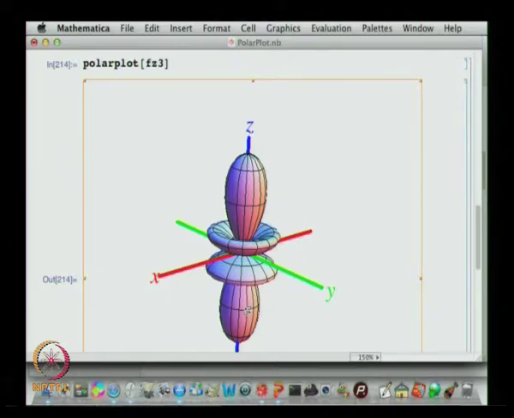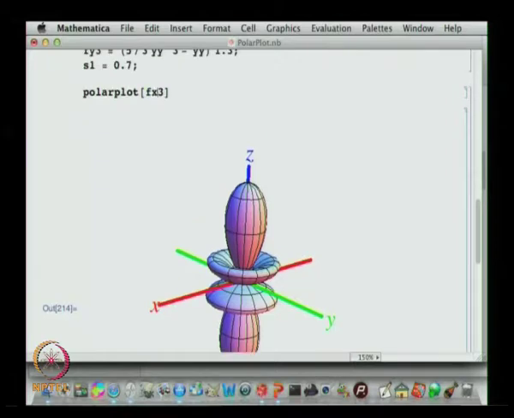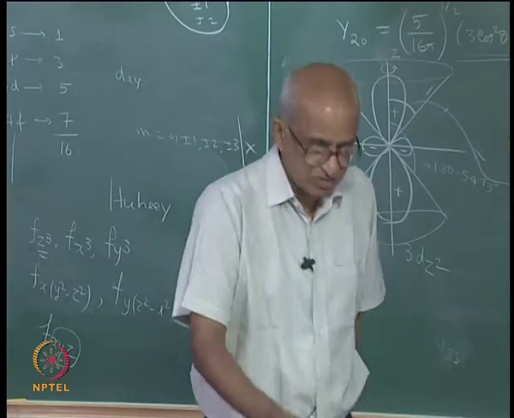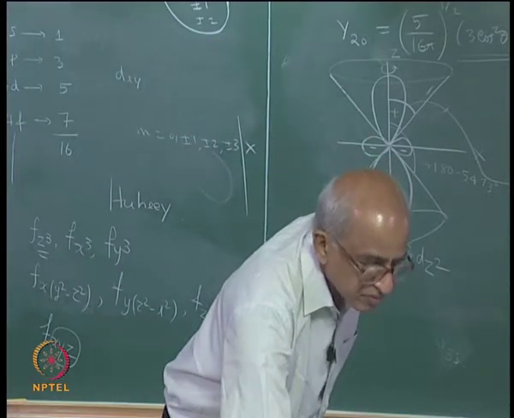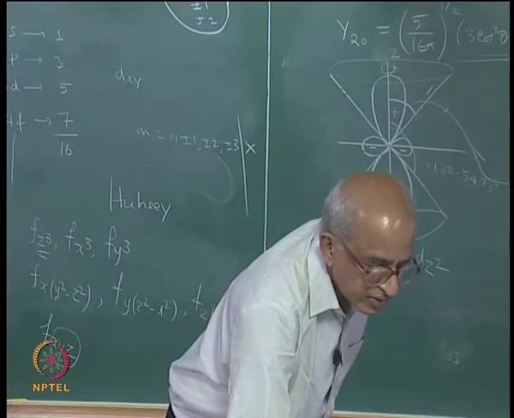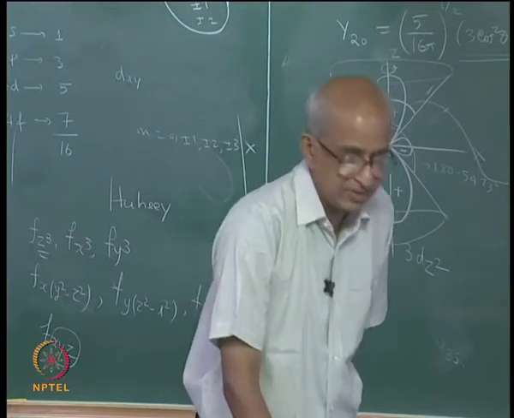Notice that it is oriented along the z direction. So if I put x cube there, all that will happen is that the appearance is going to be similar, except for the fact that it is oriented along the x direction, and that is what you are going to see. Okay, this is oriented along the x direction.